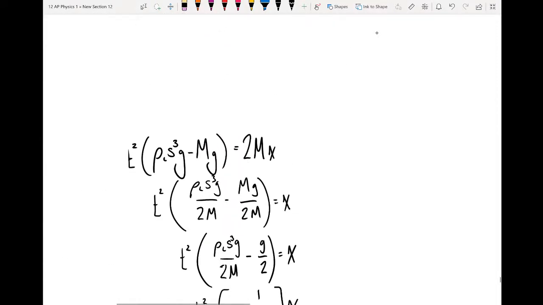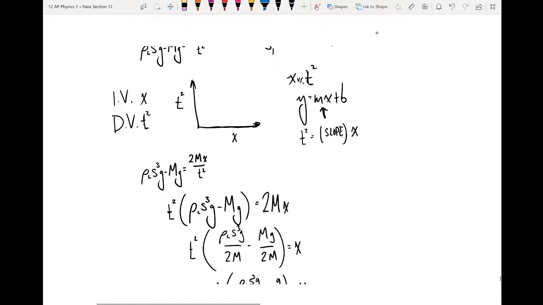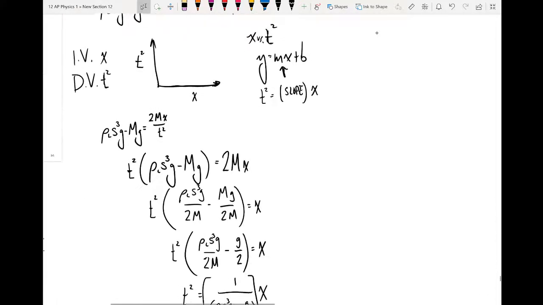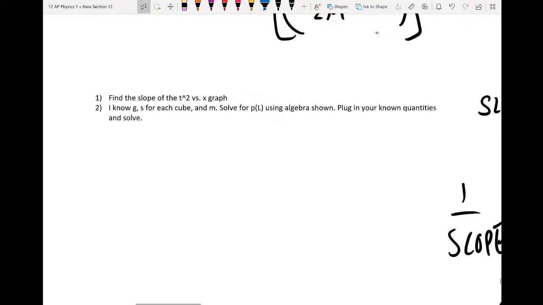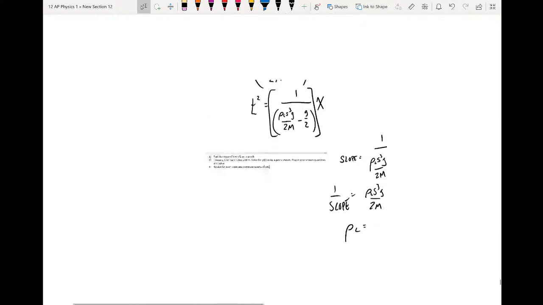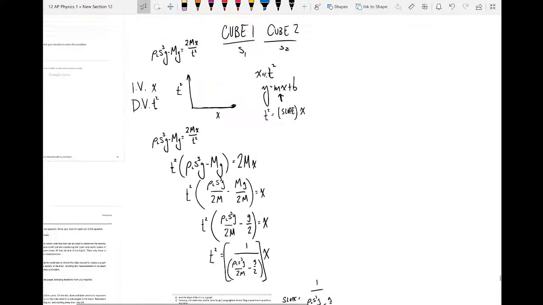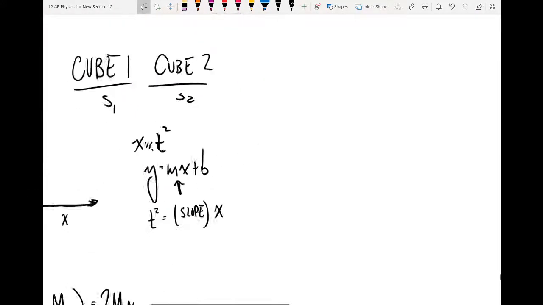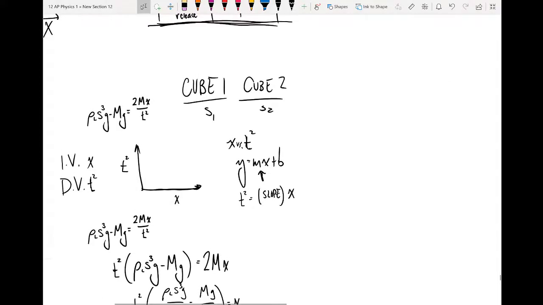And then I'll say repeat for each cube and compare results, because we have different experiments for each cube. So that's what we have going on. And then what they did actually was they said FB minus FG equals MA.